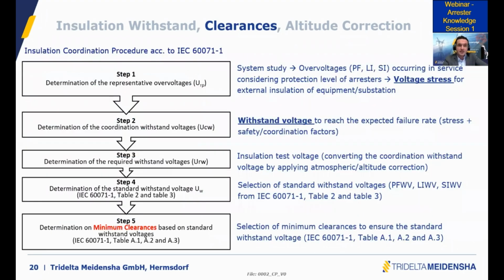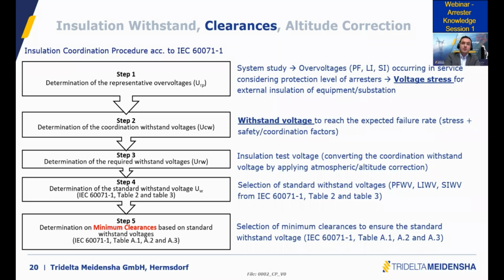So this is the standard process according to IEC 671-1. As you can see, there are different steps. First, we want to determine the stress, the overvoltages that can occur on the system. Typically in that case, power frequency, lightning impulse, switching impulse that can occur in service.